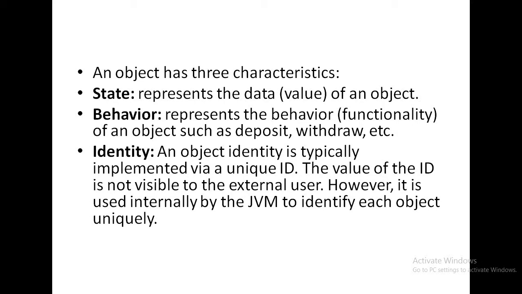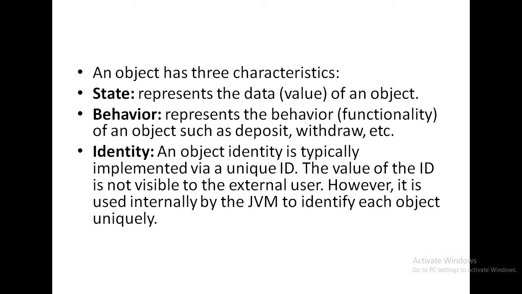Whenever I am creating the object in your program, the object gets stored in the heap memory area. So every object has an ID or address ID. You can say that it is the address where the object is actually stored. So that is considered an identity.